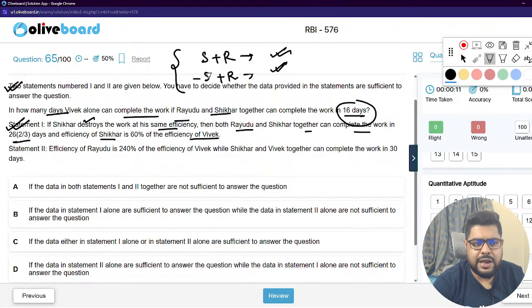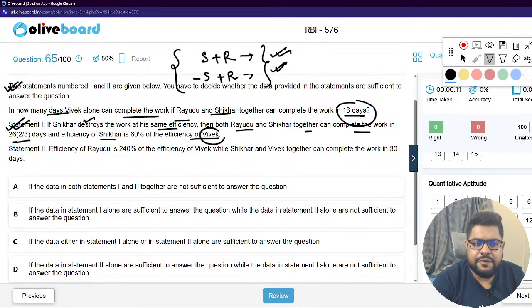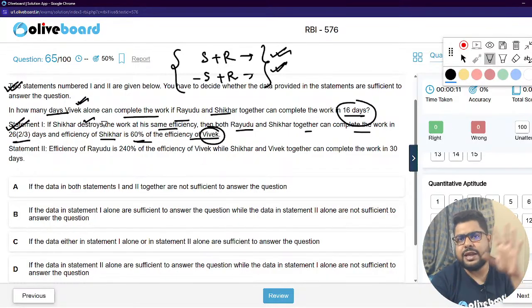So from these couple of simultaneous equations, we'll get the efficiencies of Raidu and Shikhar. And once I know the efficiency of Shikhar, I will get the efficiency of Vivek because it is 60 percent. So we will get Vivek's efficiency and then the time. Look, I'm just thinking, I'm not calculating what that value will be. I'm just thinking whether we can calculate or not.